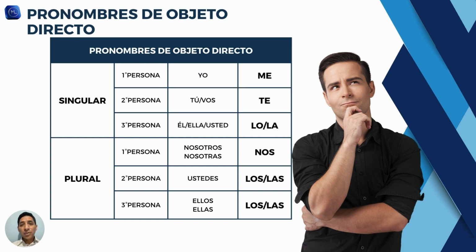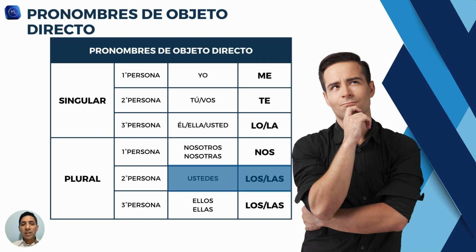For the second person, tú or vos, the pronoun is te. Third person singular, he, she, and usted, that would be lo o la. Lo for he and usted, y la for she. Then going to the plural, the first person plural, nosotros, the pronoun is nos for both genders.